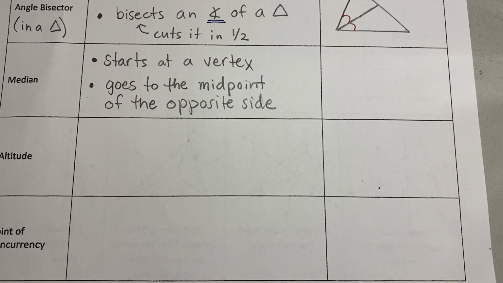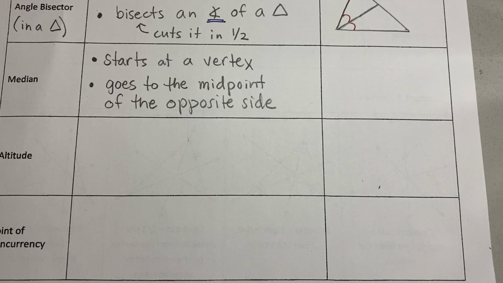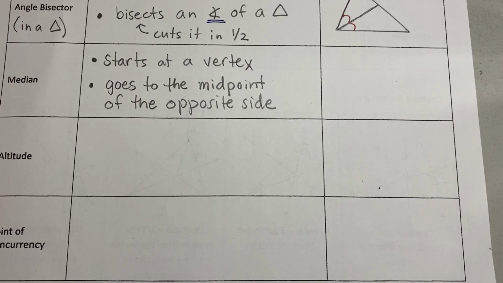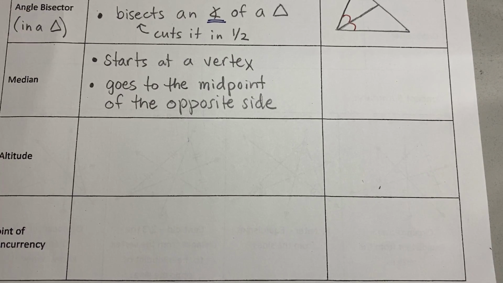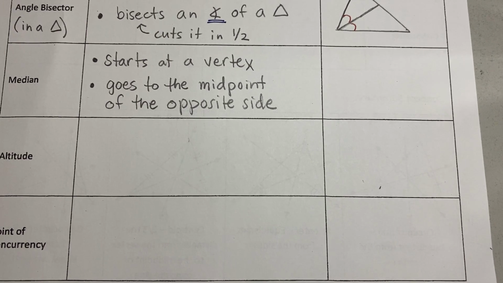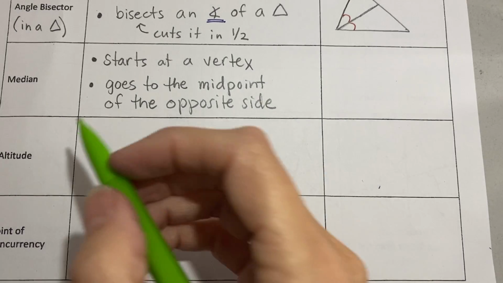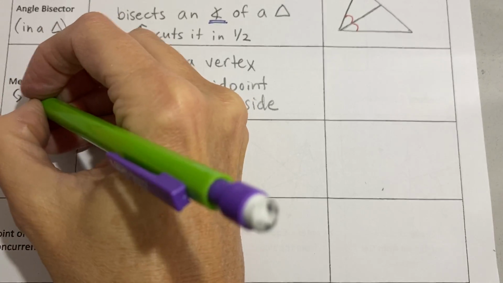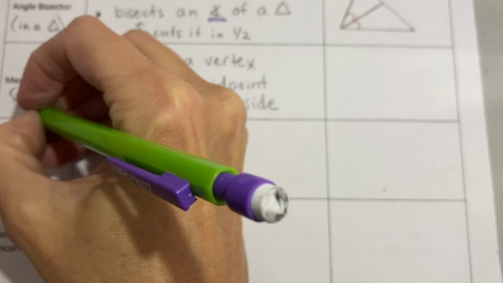I don't know if you've ever noticed, but that median separates an equal number of lanes on either side. So there might be 2 lanes on one side and 2 lanes on the other side, or 3 lanes on one side and 3 lanes on the other. It splits the road into equal lanes. So median just means middle. When you see that word, think middle.